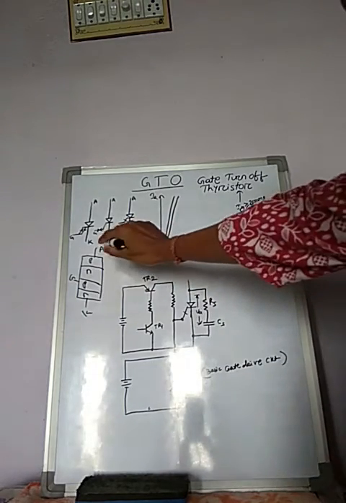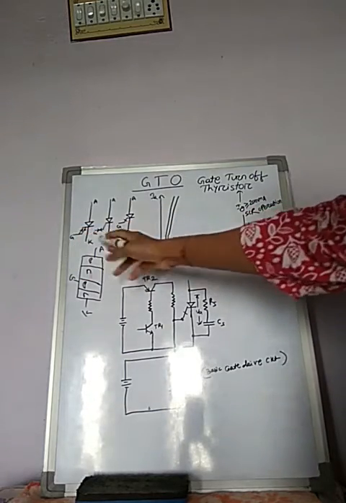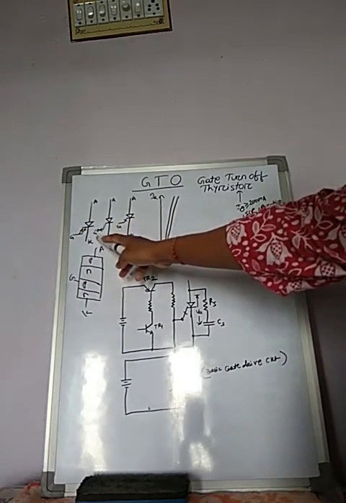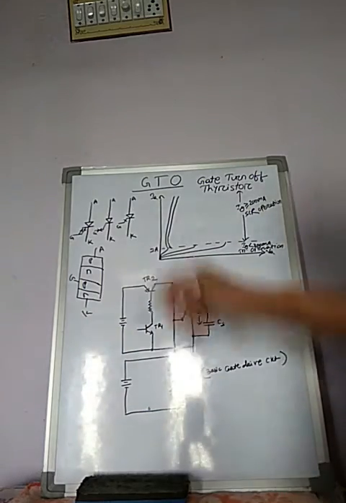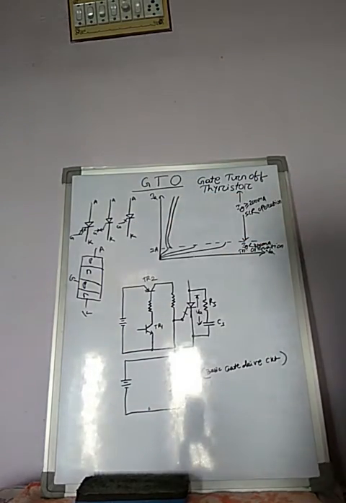Here also one arrow is in this direction and one in this direction, so both positive and negative gate signals can be applied. This is another symbol representation for GTO. In a GTO, it can be turned off by a negative gate pulse of appropriate amplitude.